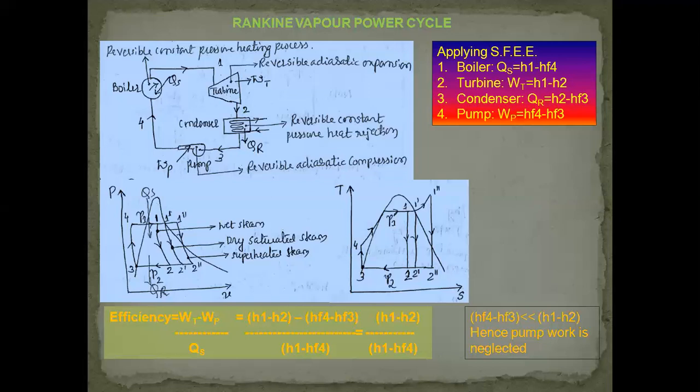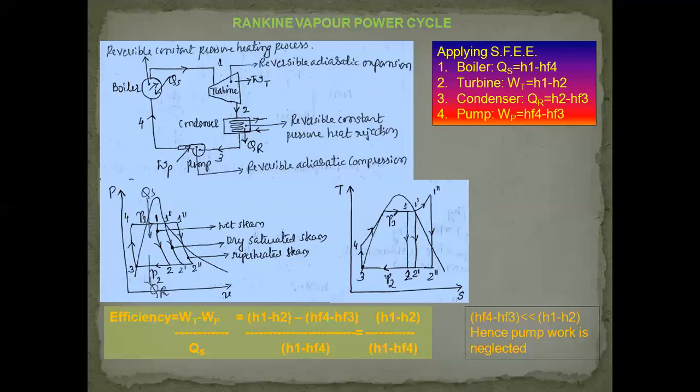And 2 double dash to 3 represents the condenser pressure, which is P2. So that means this Rankine cycle operates between two pressures, P1 and P2. P1 is the boiler pressure and P2 is the condenser pressure.